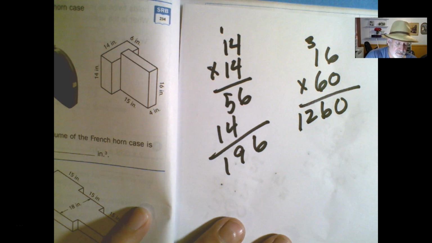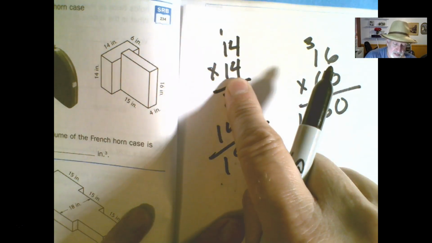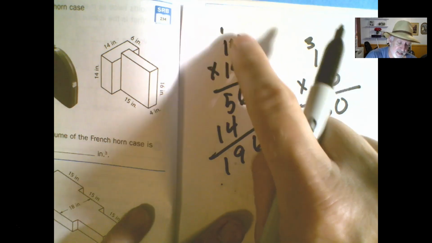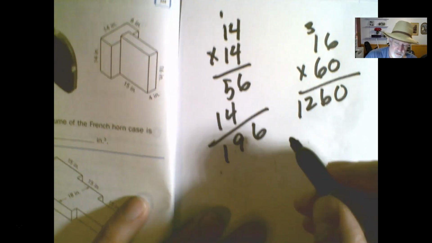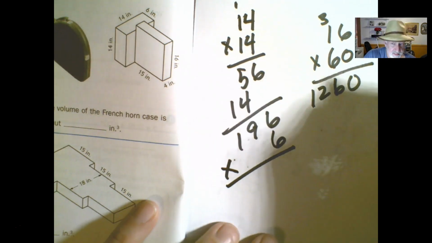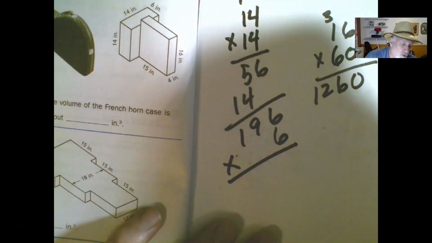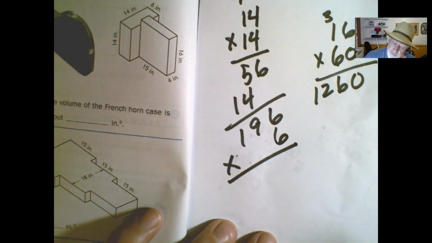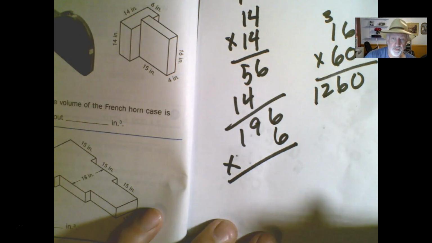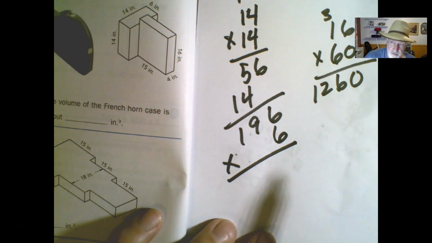And the answer is because when I multiplied base times height, this wasn't the base, it was length and width, so I still have to multiply the 196 times the other measurement, which is 6. I love it when I find out that something doesn't make sense and I can go back and correct my work. But in order for me to do that, I have to think about the process of what I'm doing and try and make sense of the numbers.